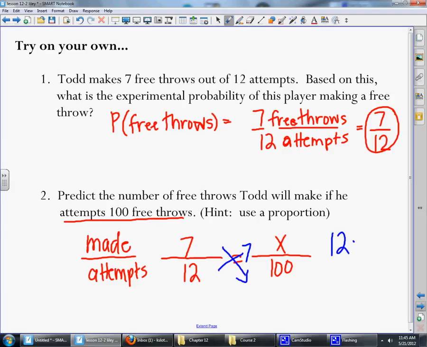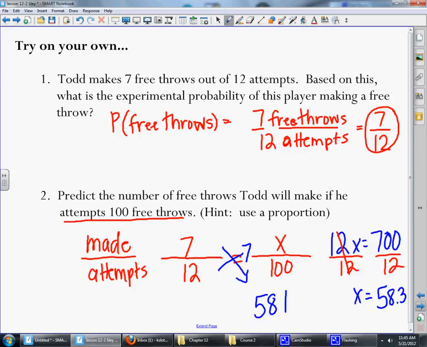We have 12x equals 700. We divide by 12. And x is equal to 700 divided by 12. I'm going to use my calculator, which is 58.3. So Tad will make about 58 free throws.